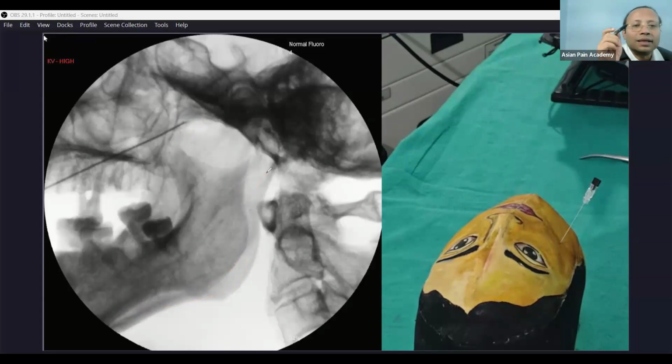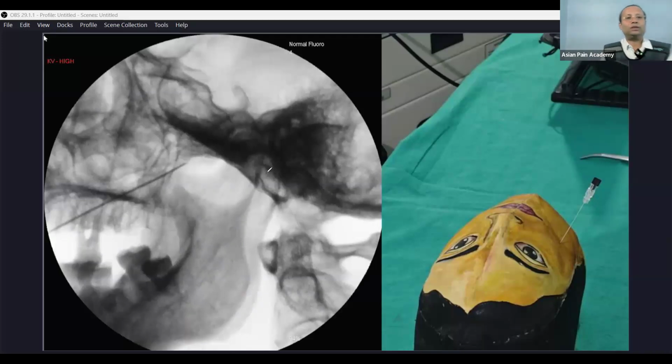Okay, then there are some other areas, like the sella turcica and clivus. These are areas where you have to see one line. If you see two lines, then you know it is not a true lateral view.